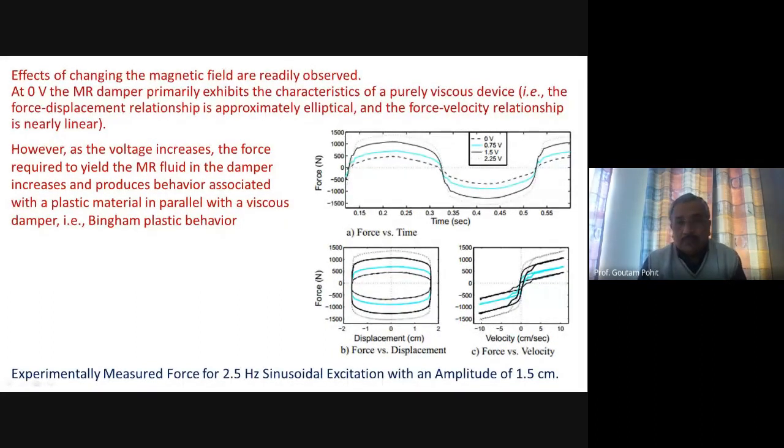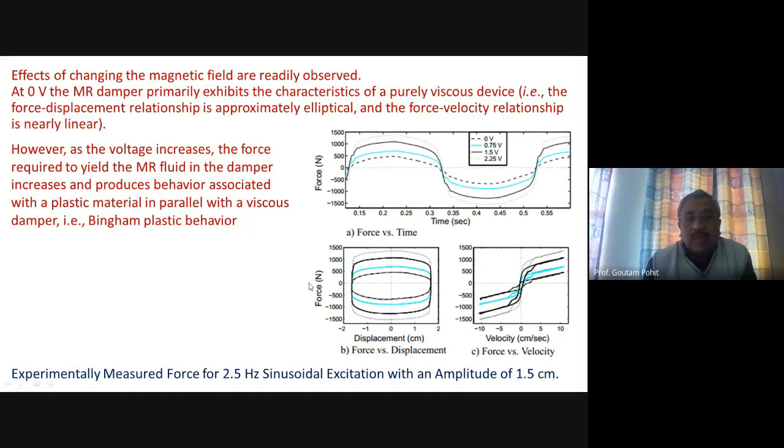Okay. See, you find that this dotted line is the zero voltage. That means there is no magnetic field being applied. So it's acting like a passive damper, and this is the force displacement curve for this one, and this is the force velocity curve for a passive damper.